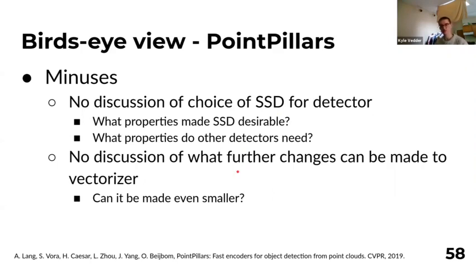They ran an experiment where they made their vectorizer significantly smaller, stuck it into SECOND and said, hey, look, we get the same quality results inside SECOND using our smaller vectorizer. Our smaller vectorizer is better. They didn't indicate that they tried any other vectorizers that were even smaller and worked worse. So that's an open question: can you make the vectorizer even smaller?